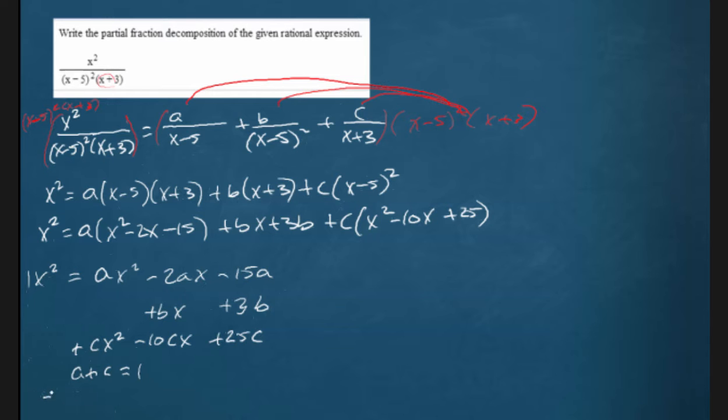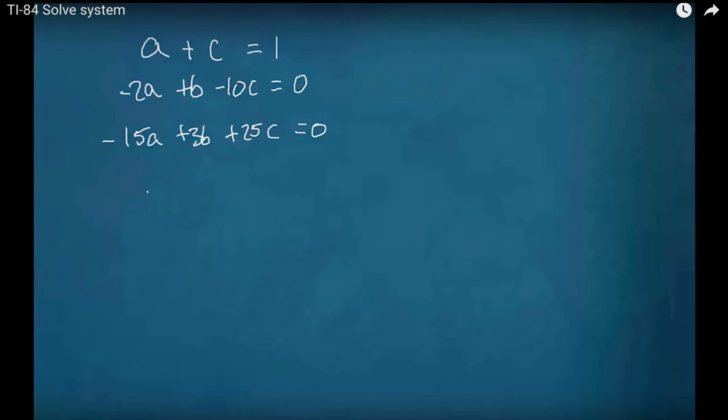So that tells us that the linear coefficients, minus 2A plus B minus 10C, must equal 0. And then the same thing with the constant coefficients. There's no constant term on the left, so those constant coefficients, minus 15A plus 3B plus 25C, must equal 0. We have the system of equations A plus C equals 1, minus 2A plus B minus 10C equals 0, and minus 15A plus 3B plus 25C equals 0.